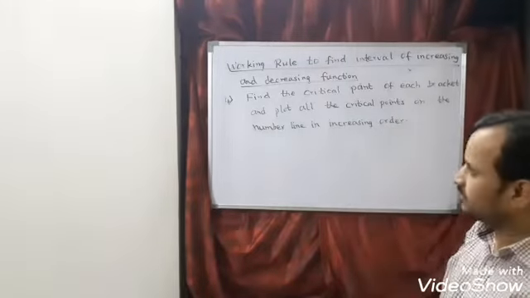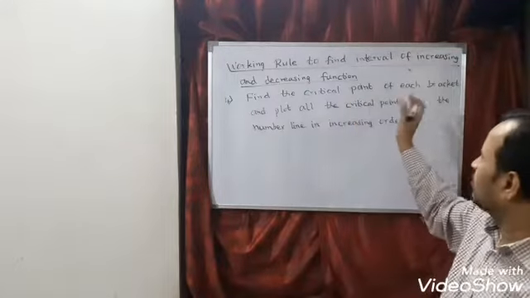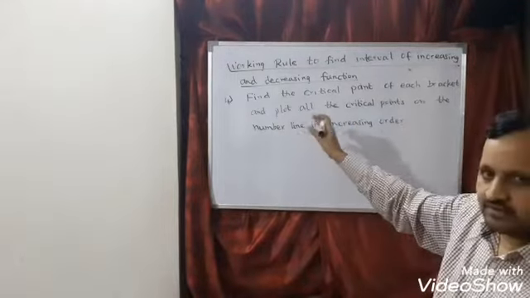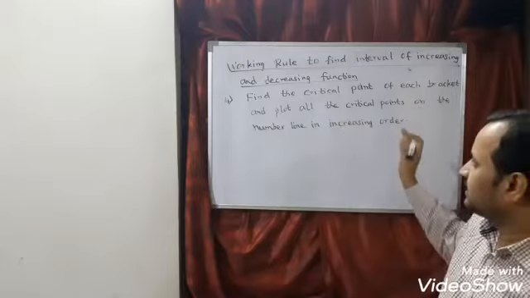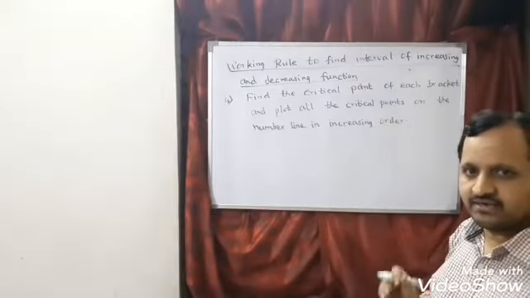So what is fourth step? Find the critical point of each bracket and plot all the critical points on the number line in increasing order.